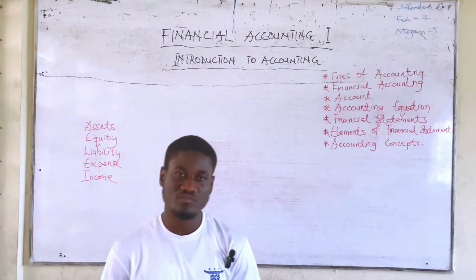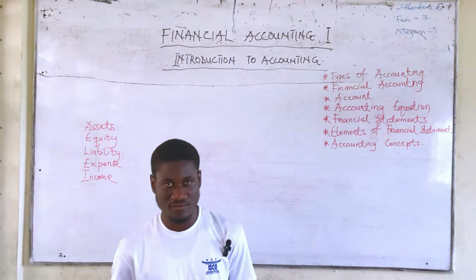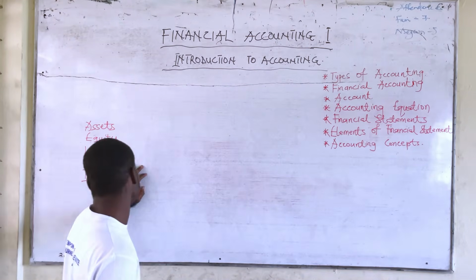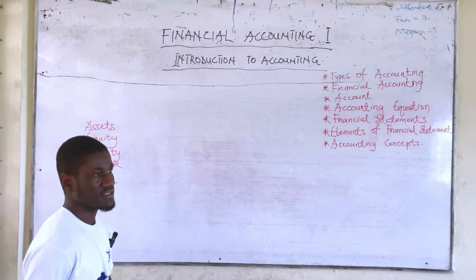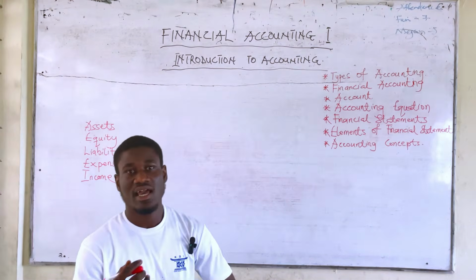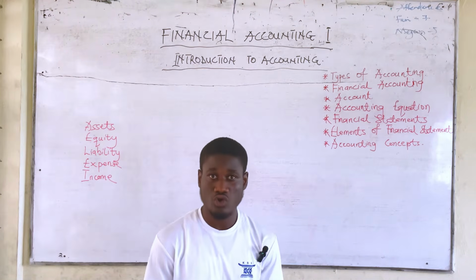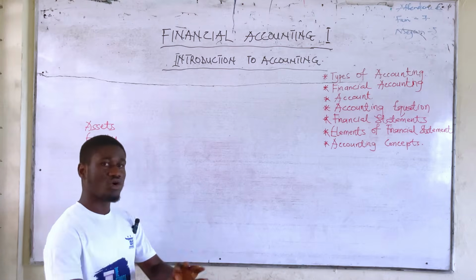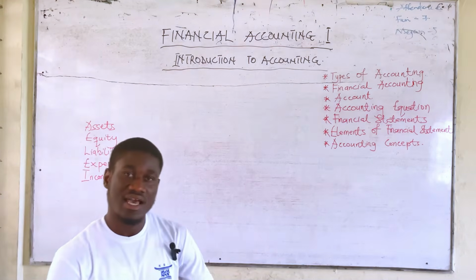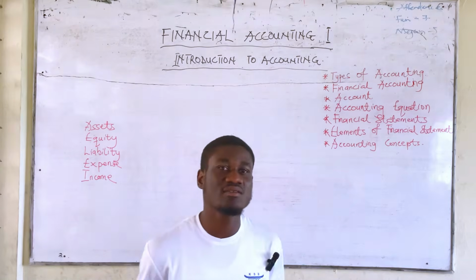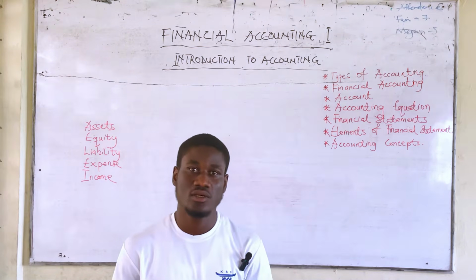An expense is a decrease in assets or an increase in liability, which results in a decrease in equity. Good. So if you want to understand it in simple terms, it's just any activity that is taking money out of the business.